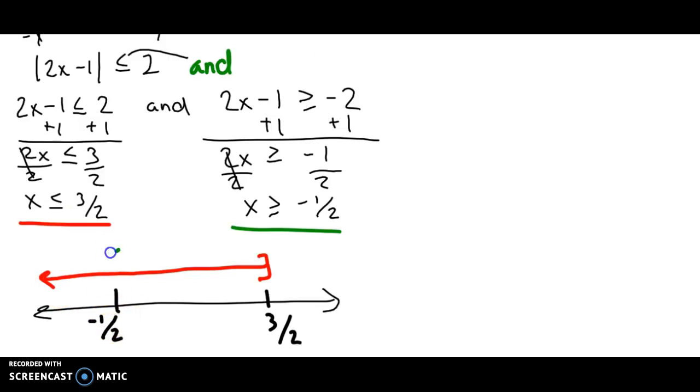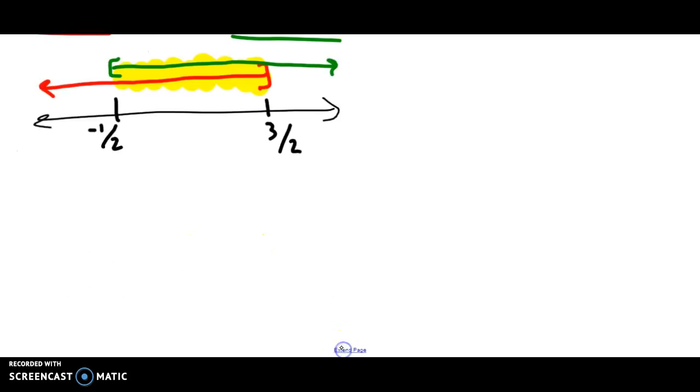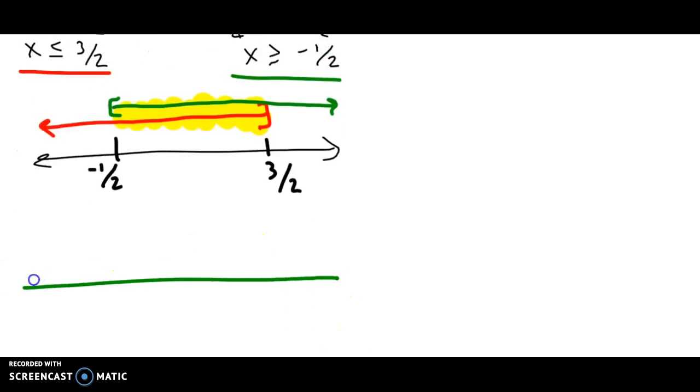I'm going to include that one because it's or equal to, and I have to have anything that's greater than that. So it's everything wherever they meet, which is right here. In my graph, it should look like this for my final answer.